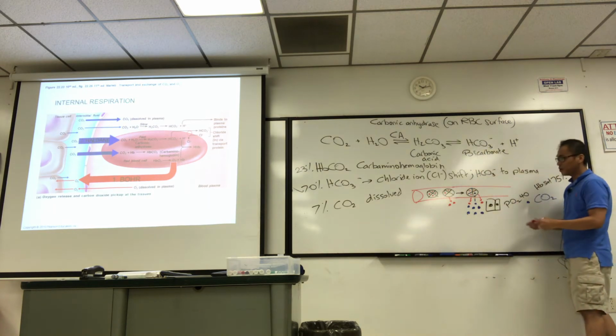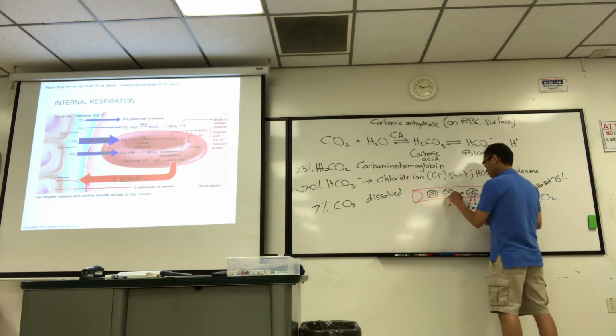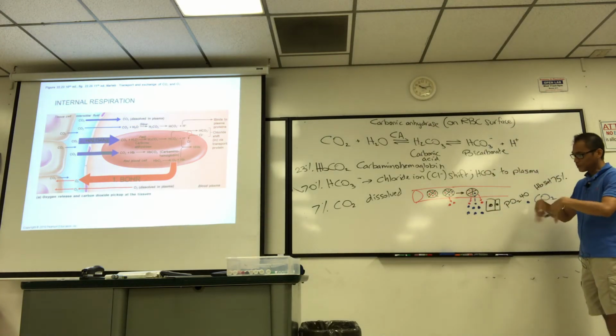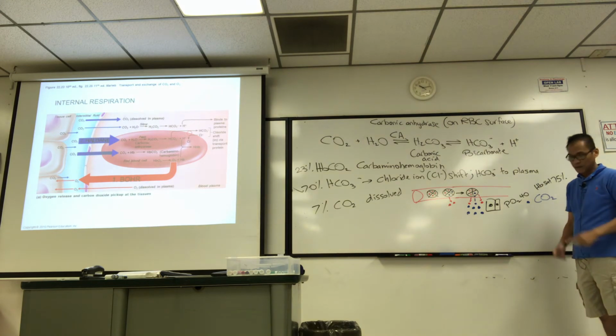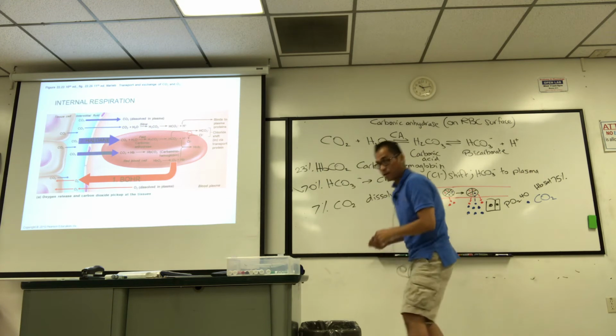Then more CO2 can get on. So that's the basic idea. If you drop off more O2, more CO2 gets in the blood. That's it. And I think that's pretty easy to understand. Any questions on that?